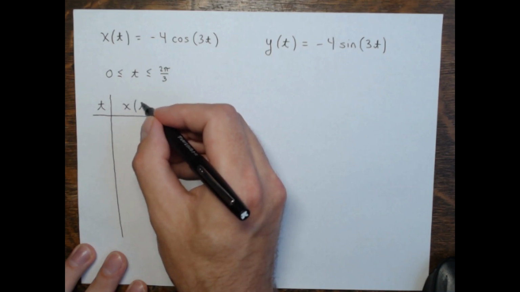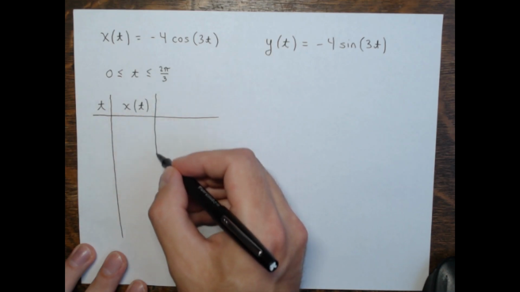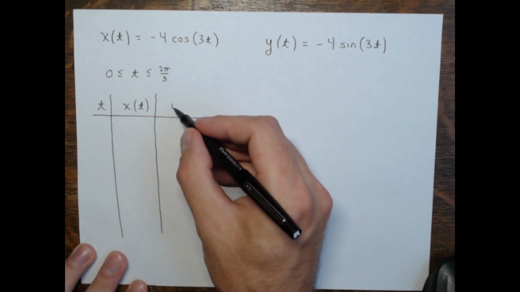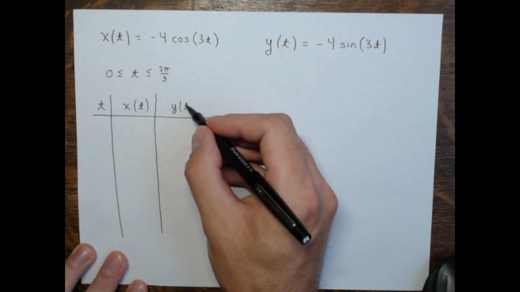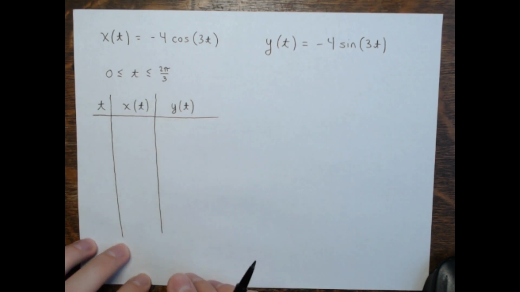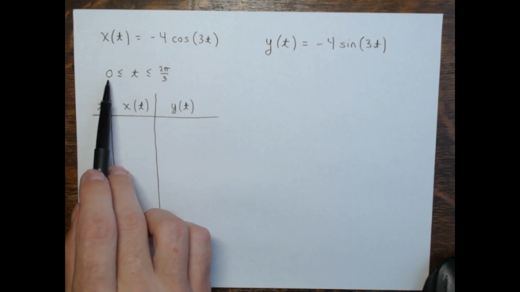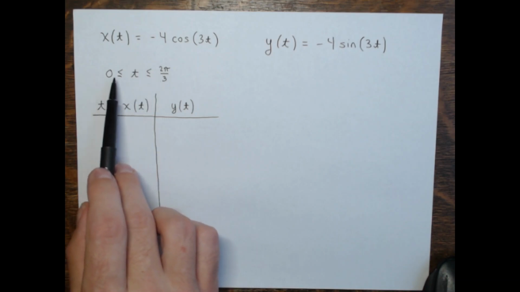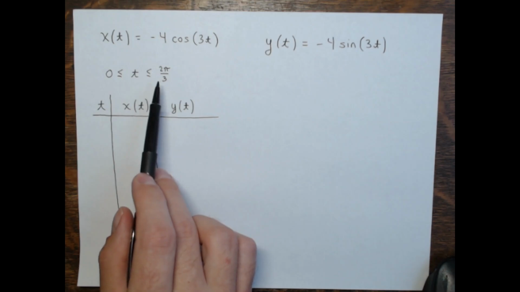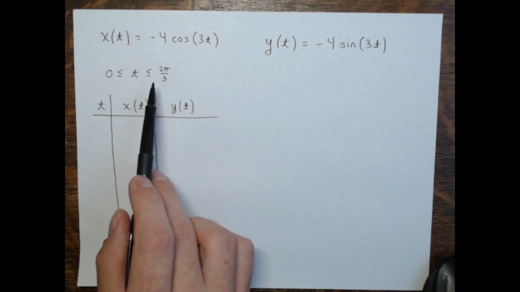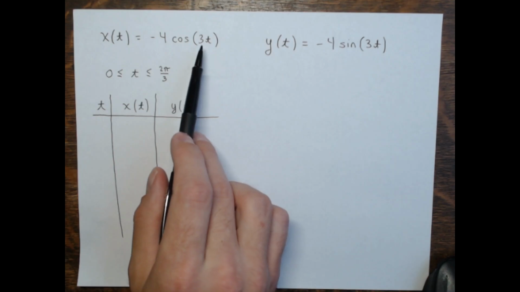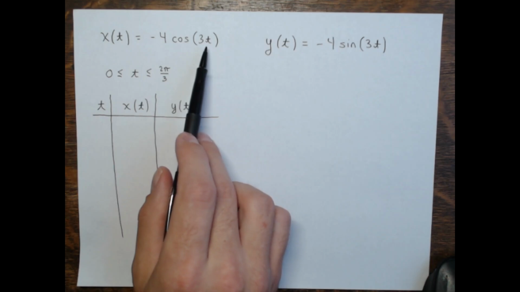So I'll have the x of t column and the corresponding value of y in another column, y of t. And I'm only going to plug in values ranging from 0 to 2 pi over 3. That will end up being nice values when I plug them in to the equations.